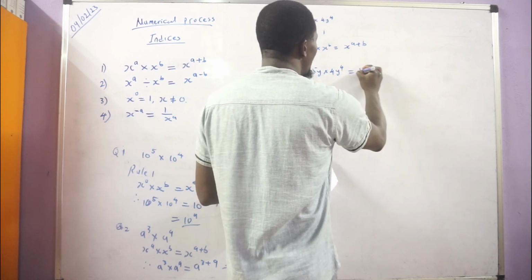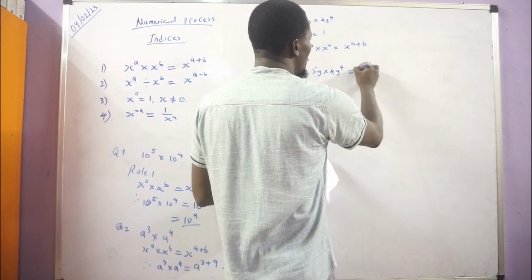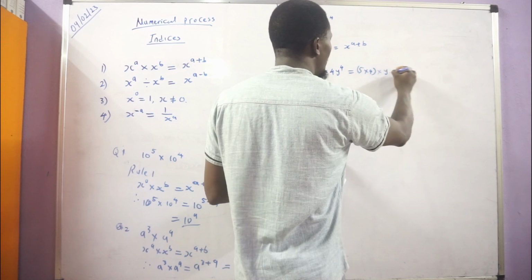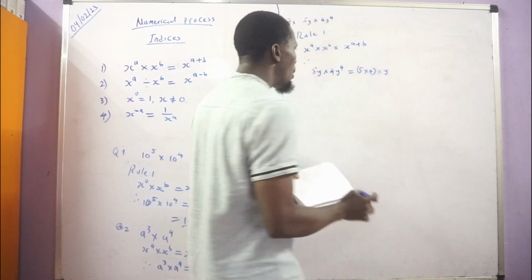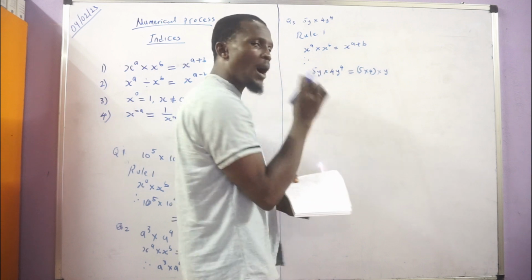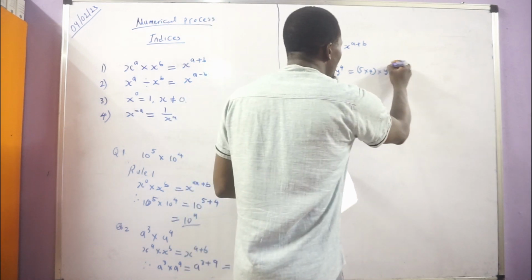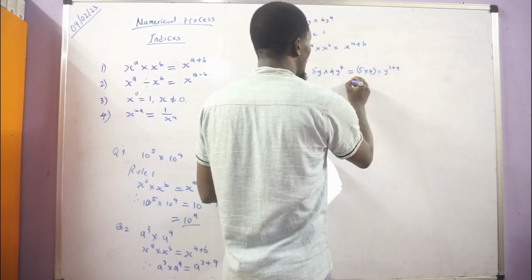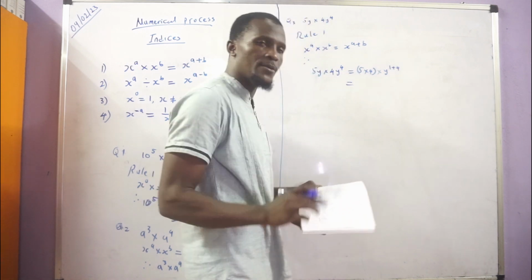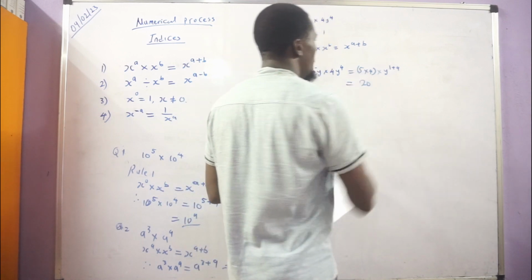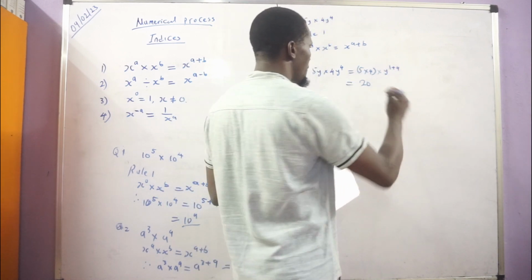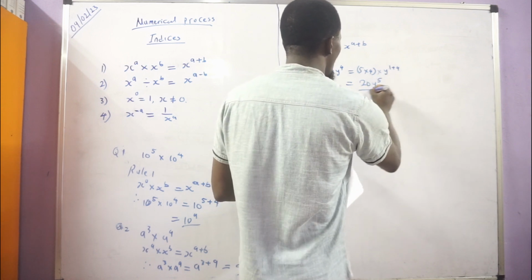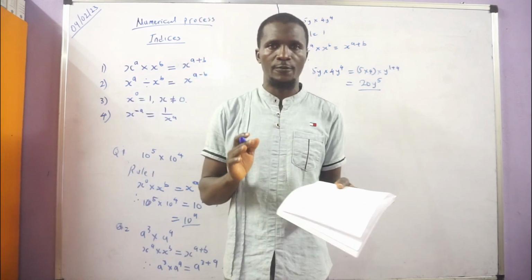I can write it like this: 5 times 4 multiplied by y multiplied by y to the power 4, where y is raised to power 1. So I have 1 plus 4, which is 5. My 5 times 4 gives me 20. Then 1 plus 4 gives me 5. So I have 20y raised to power 5. Let's stop here in this video.